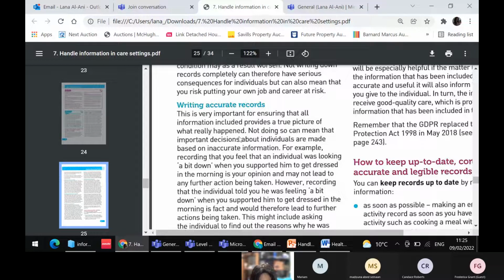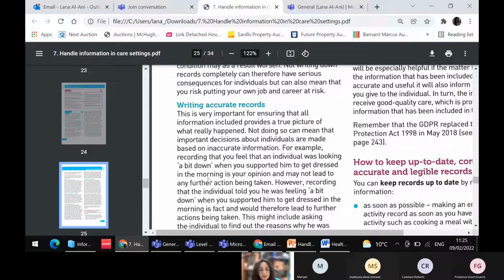Not doing so will mean my decisions about the client, or the organization's decisions about the client, could be made based on inaccurate information, which is really bad. For example, recording that the individual was looking a bit down. I can put this example about myself.